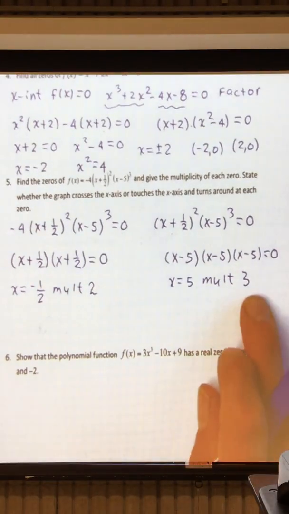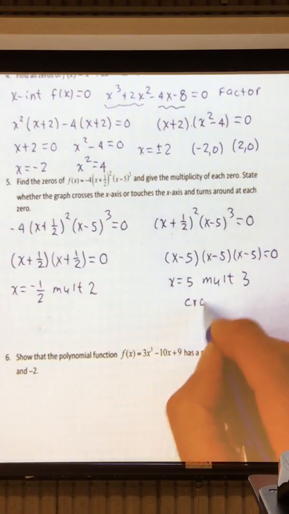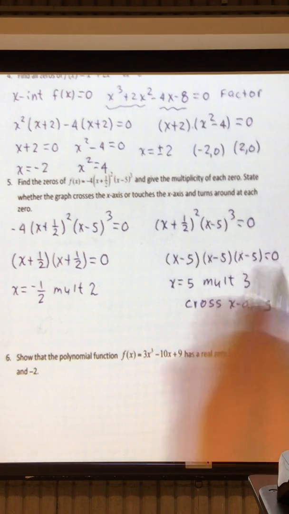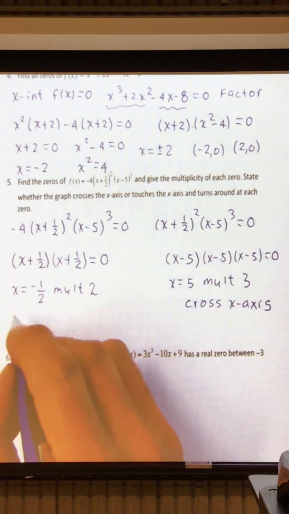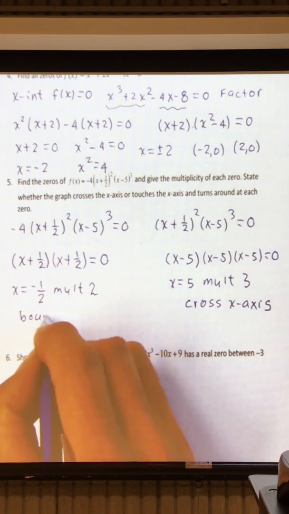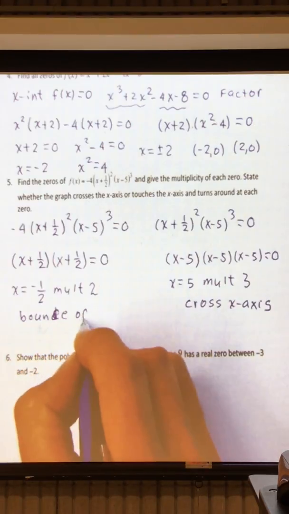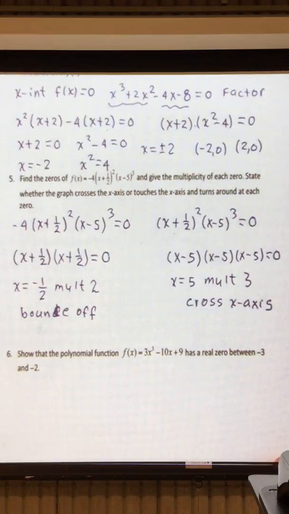With odd multiplicity, the graph will cross the x-axis. With even multiplicity, the graph will touch the x-axis and bounce off the x-axis.